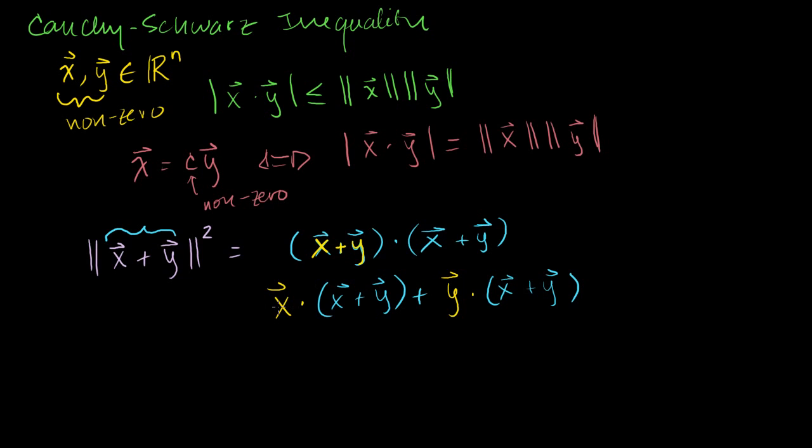And then I can distribute each of these into the sum. So then this becomes x dot x plus x dot y. Maybe this was a little bit overkill, but I think it's good to see that this isn't just some magic here. We're just using the exact properties that we proved of the dot product. So that's that right there.